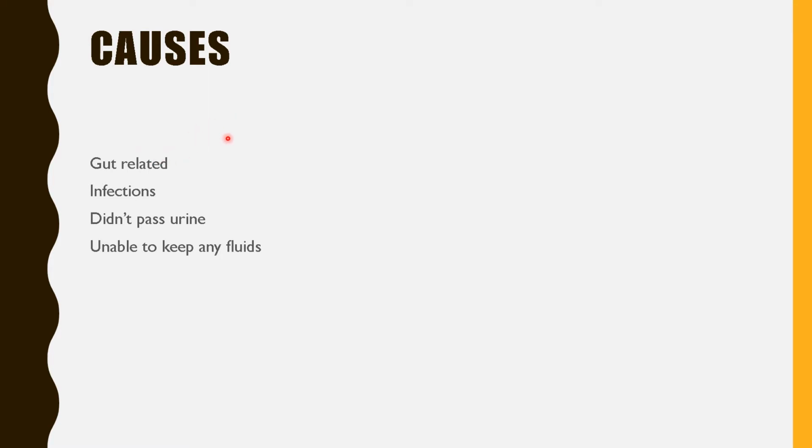It is infected, or there could be some infections in your body which has caused you to vomit, or some infection which has led you to be unable to pass urine, or you were not able to keep any fluids and just vomit it out because of that infection.